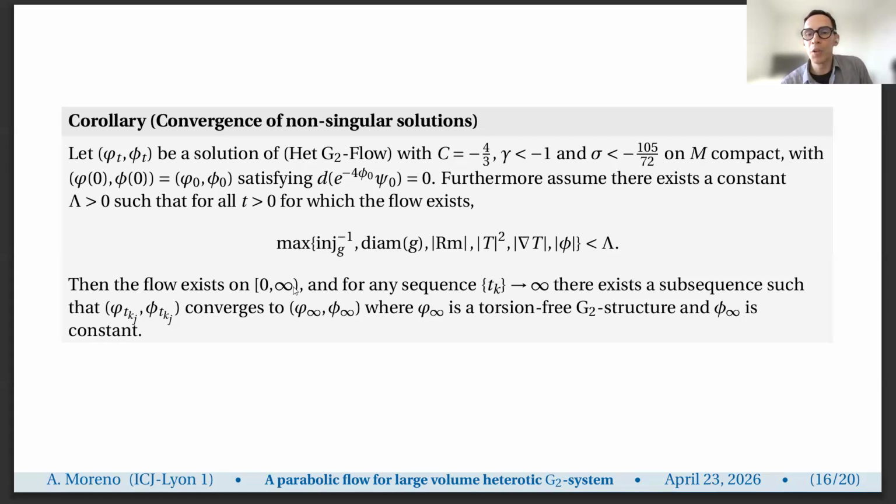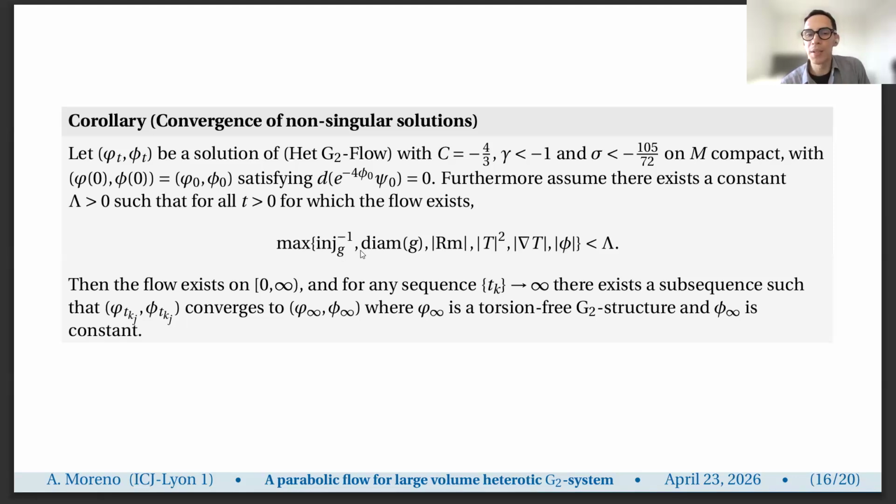And then using these other bounded quantities, which are the injectivity radius of the manifold, the volume, and the diameter bound for the metric for each time, you can also have some bounds for the G2 dilaton functional. So it's going to be bounded below and bounded above.